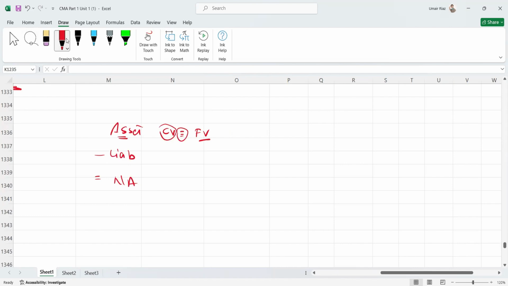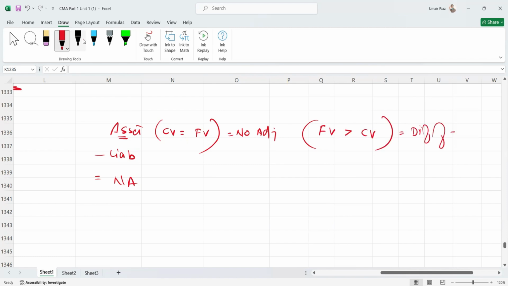But what if he told you that fair value of some asset is greater than carrying value of assets? It means whatever the difference is, that difference will be added to the net assets.